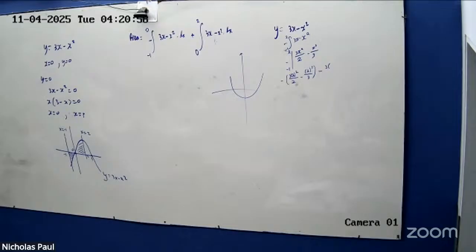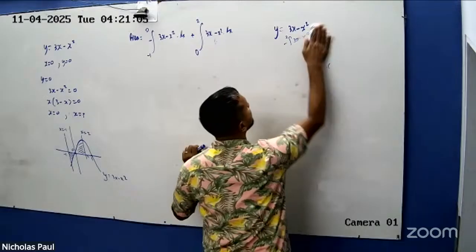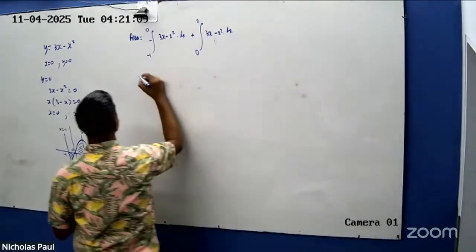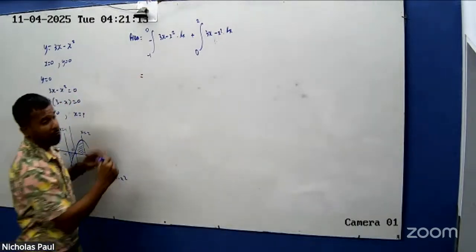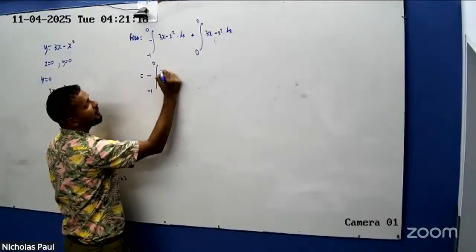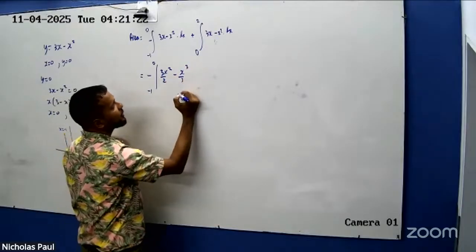And then this next one is, let's check out the integrals, right? So between 0 and -1, this is 3x squared on 2 minus x cubed on 3.